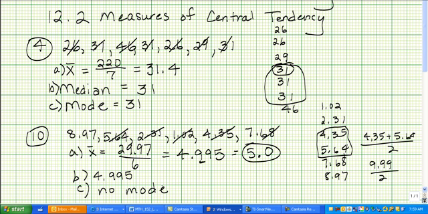Okay, so that's the first part, being able to calculate the mean and the median from the list of values. And let's move on and take a look at calculating a mean from a frequency table, and we'll do one from the book.